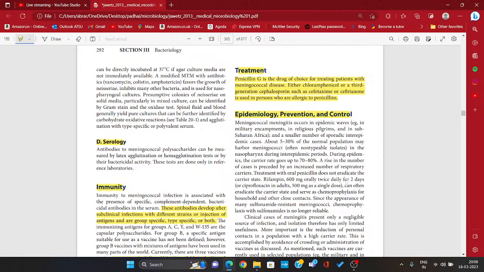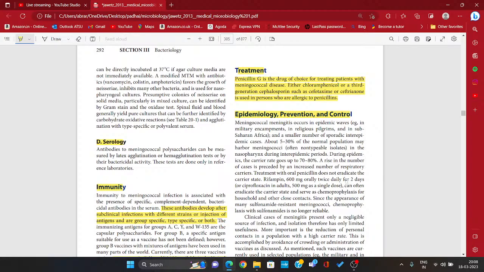Treatment with oral penicillin does not eradicate the carrier state. Rifampin 600 milligrams orally twice daily for 2 days, or ciprofloxacin in adults 500 milligrams as a single dose, can often eradicate the carrier state and serve as chemoprophylaxis.